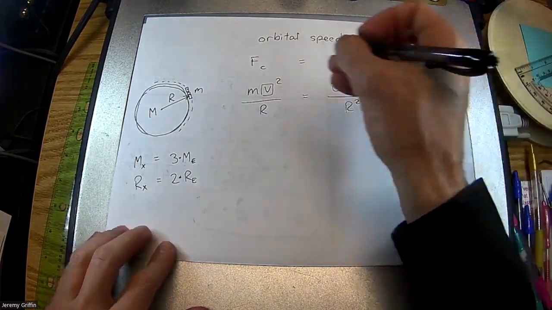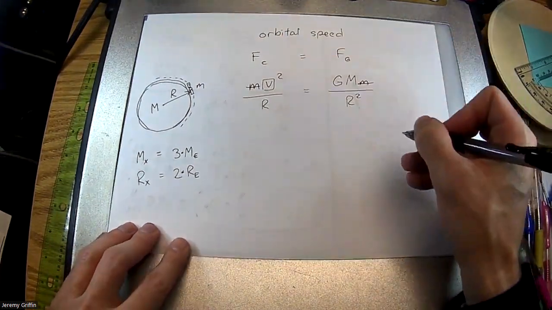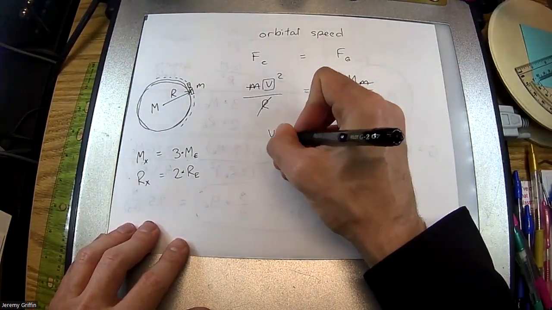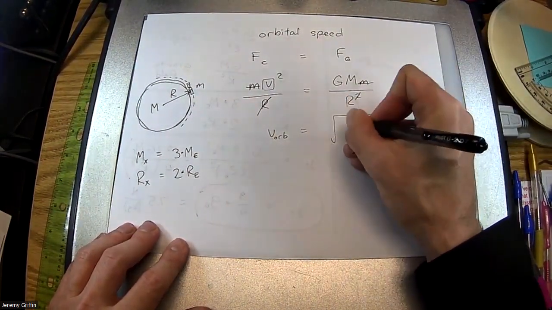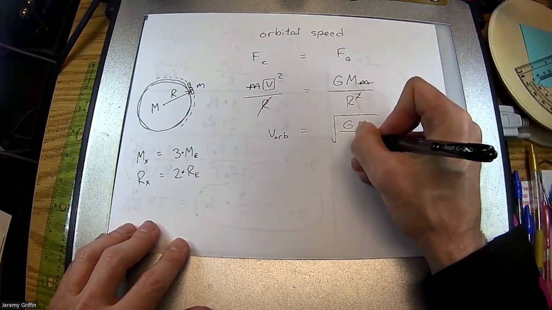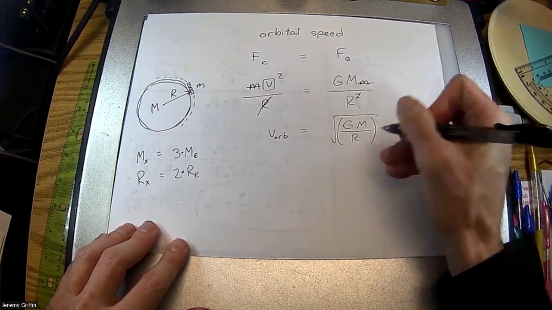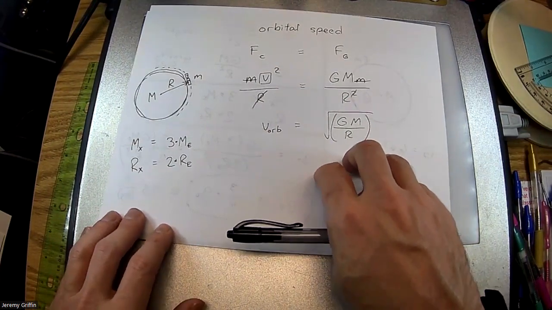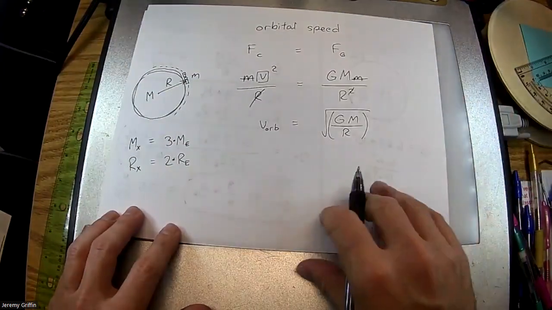Mass of the satellite cancels, and one of the r's. And then orbital speed for a circular orbit is this right here. Guys, that's a real short proof. Boom, boom, boom. That would be a completely fair FRQ, so you should be able to do that.